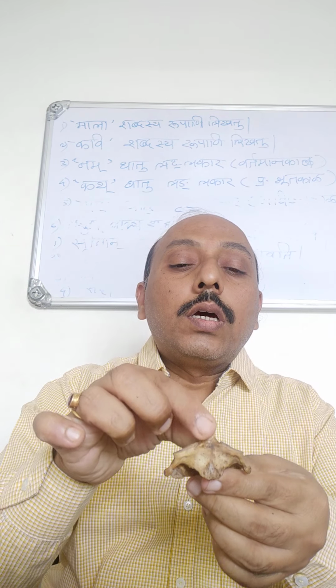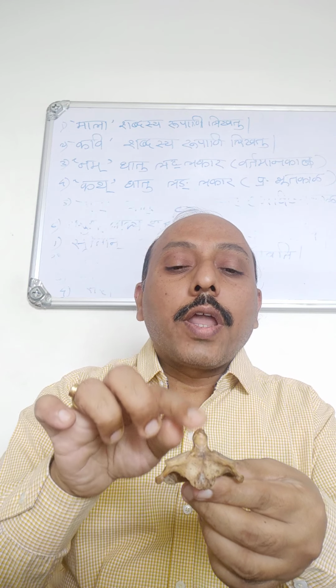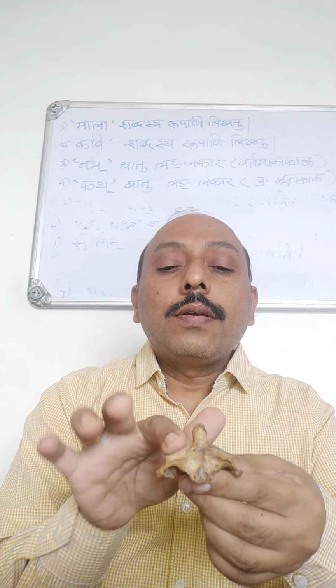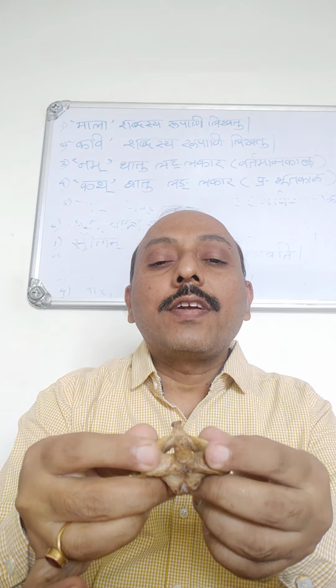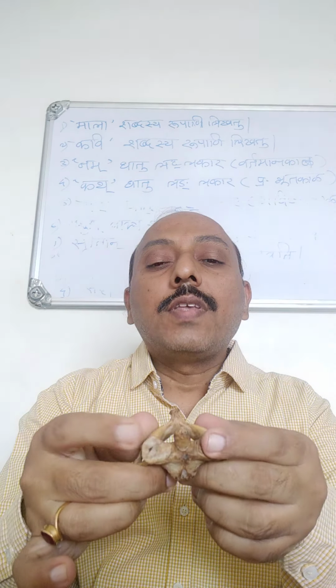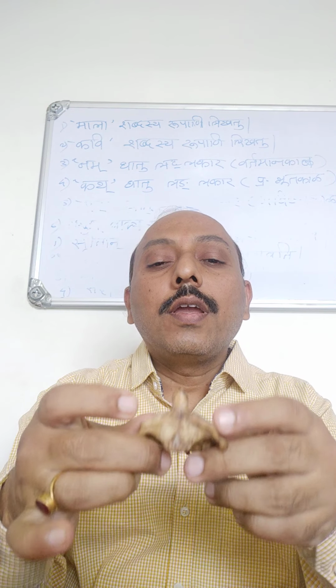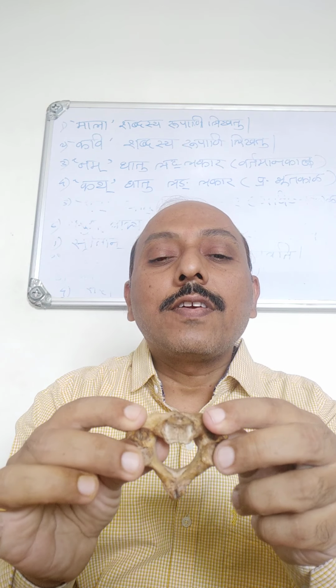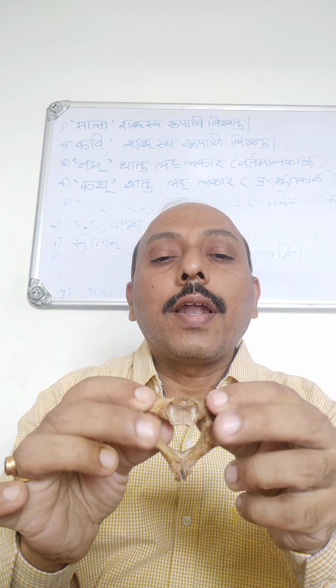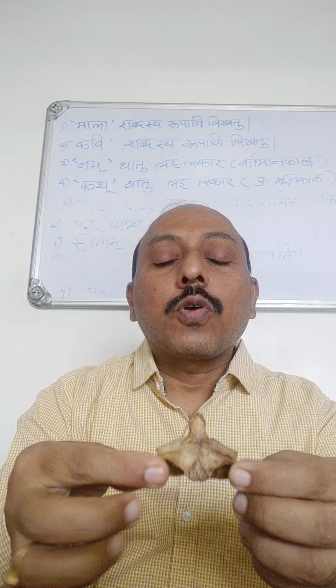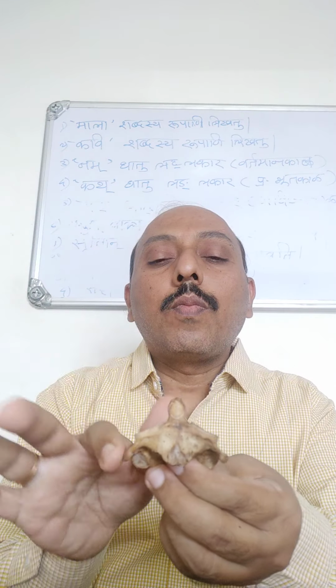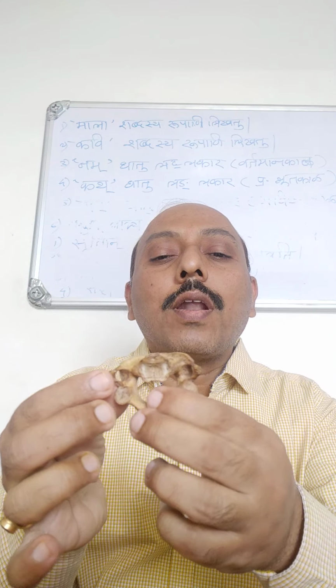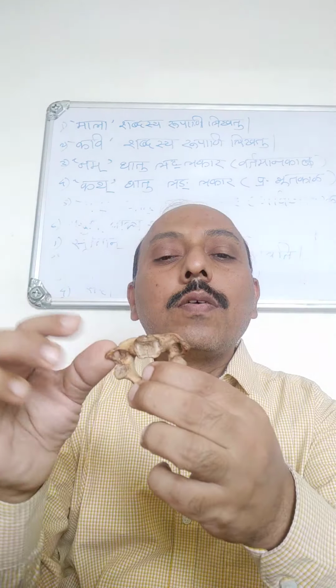Bilaterally there are the superior articular facets, then the inferior articular facets are here. The transverse process on both sides is pierced by the foramina transversaria.